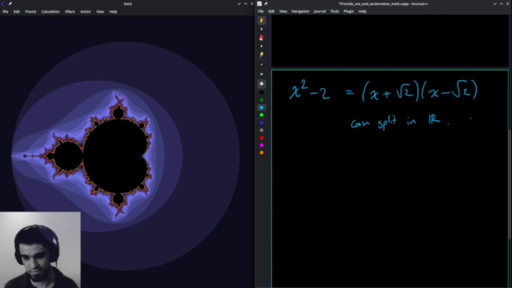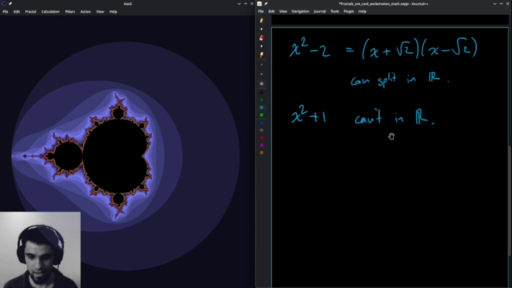It turns out that we can split a lot of polynomials in R. We have almost everything we need, except we don't have everything we need. There are some polynomials like x squared plus 1 that we can't split in R, so they have no real solutions.